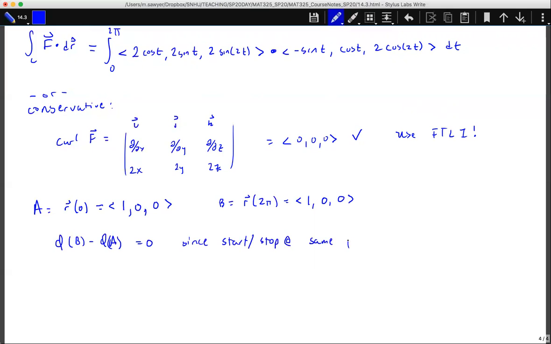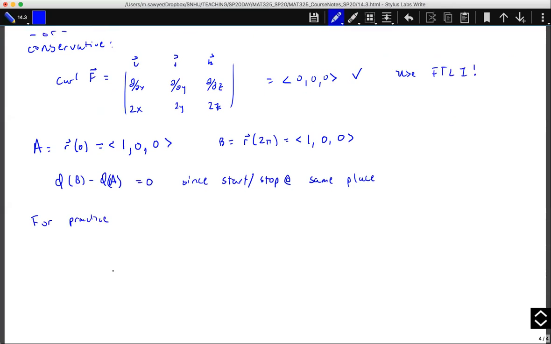So we don't actually need to calculate phi, because regardless of what phi we're evaluating, we will start and stop at the same place. But we could calculate our phi for practice.